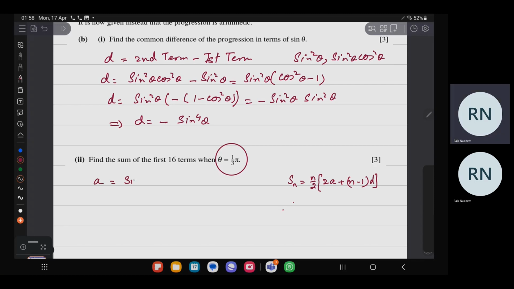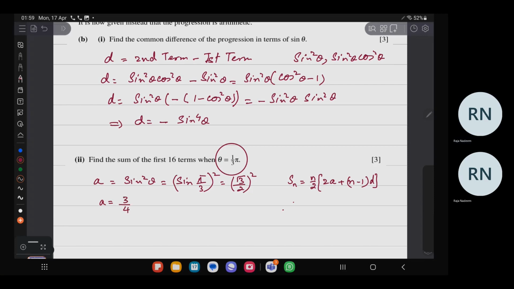A is equal to sine square theta, and when you substitute the value in a trigonometric function, it is recommended that you take sine pi by 3 to the power as a whole. Using the calculator, you would get root 3 by 2 whole square. So A would be equal to 3 over 4.